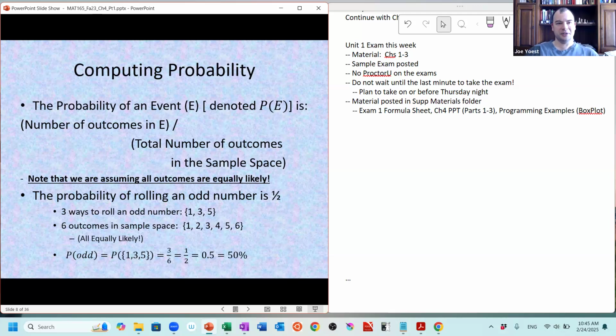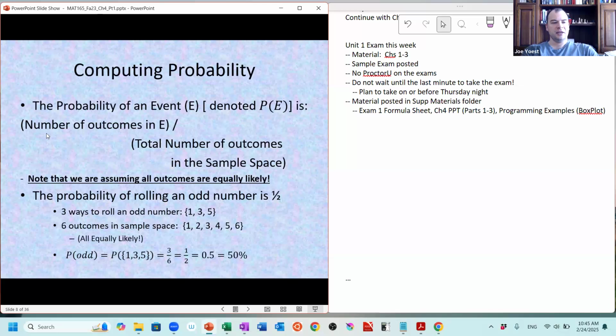But something like a die roll, something like a coin flip, heads and tails are about equally likely. Something like a spin of a roulette wheel, the little ball falls in 1 through 38 or 0 or double zero. Each of the bins are carefully constructed to be the same size and have the ball very nearly have the same chance of falling in any of them. So these would be examples that are well modeled by a situation like this with equally likely outcomes. In that situation, how do we compute probability?